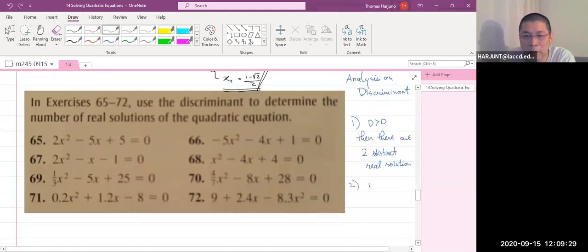Second, if the discriminant is 0, then there is one real solution.